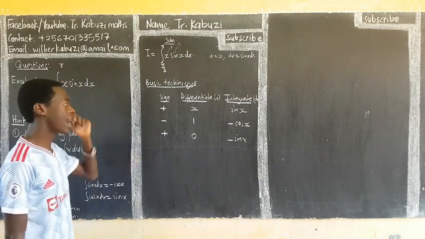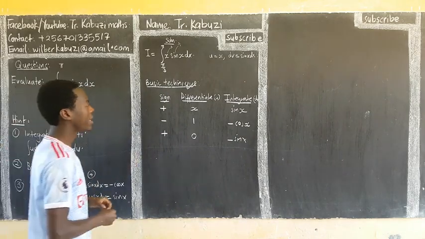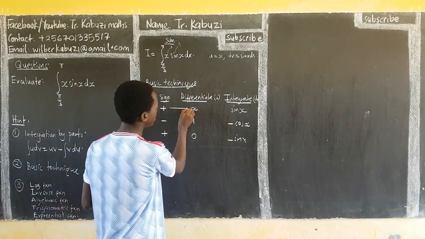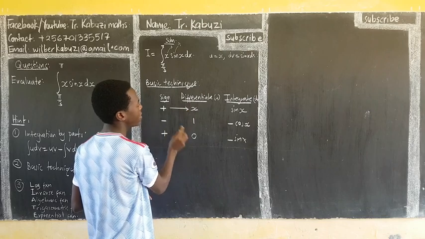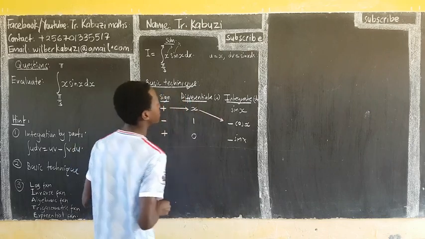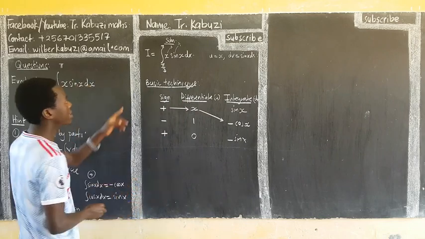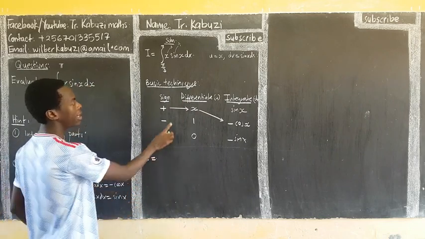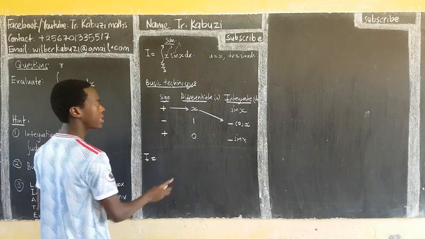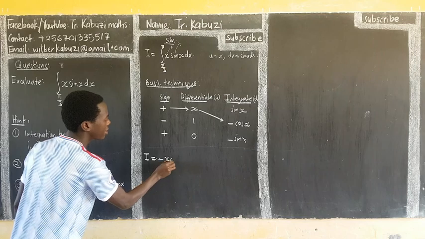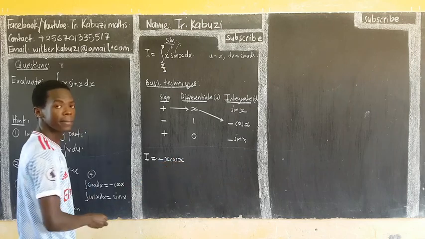The question is, how do we choose? So this is how you go. You get the sign, and then the product, you multiply it with that. So my integral, which is I there, now is going to be this times this, positive x, then this times this, you get negative x cos x.